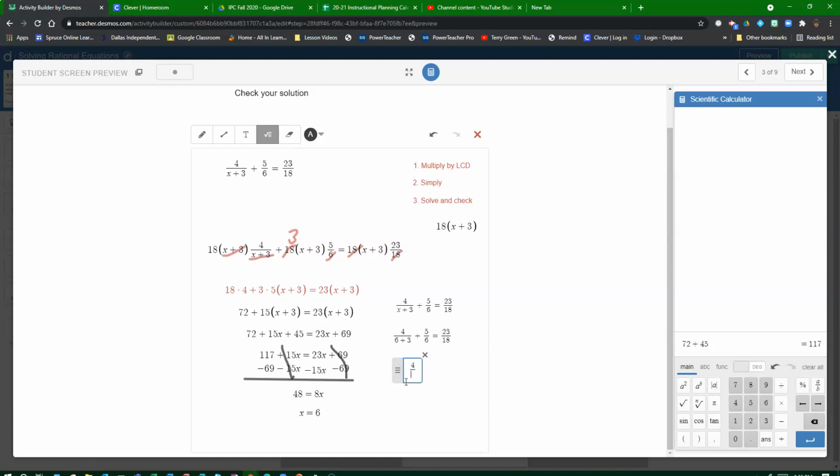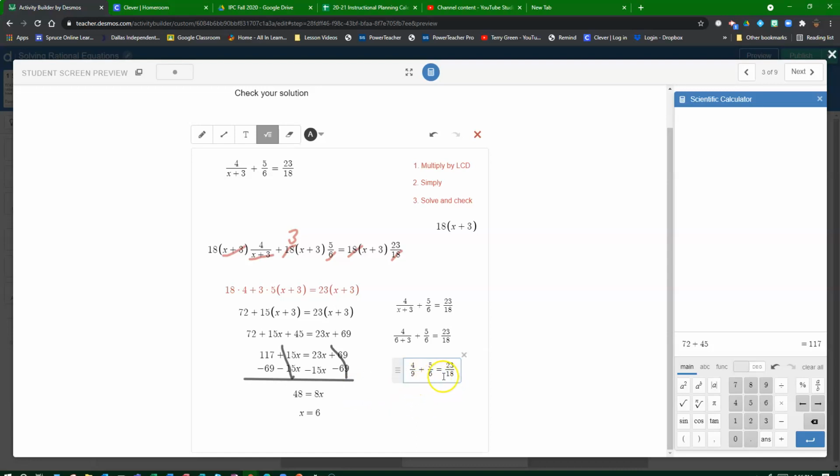4 9ths plus, oops, that's not a plus. Plus 5 6ths equals 23 over 18. If that's a true sentence, then we're good.